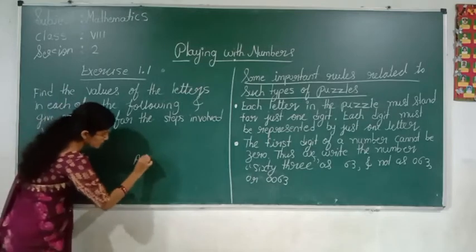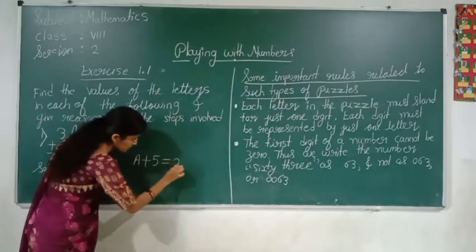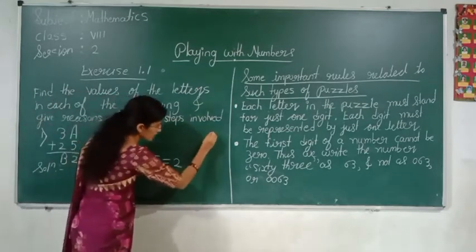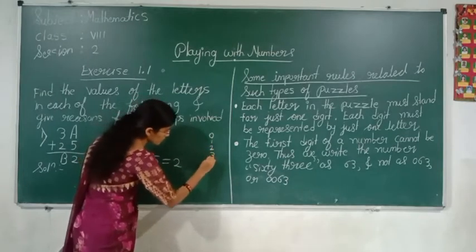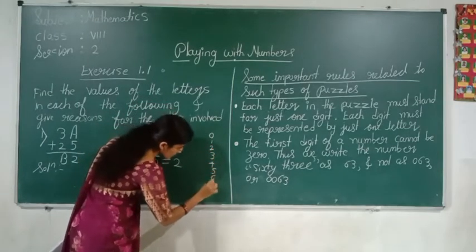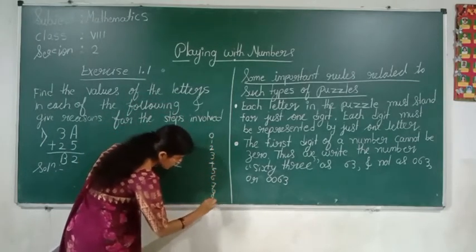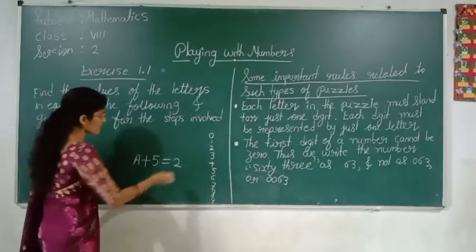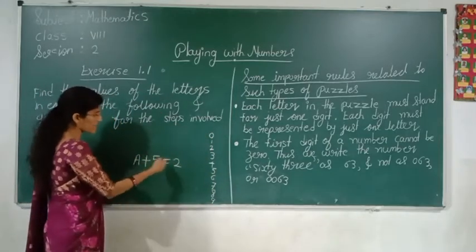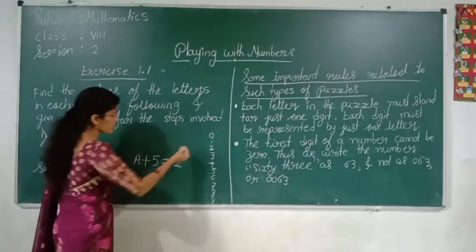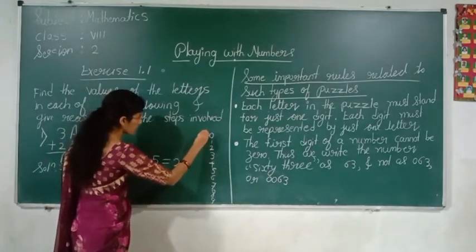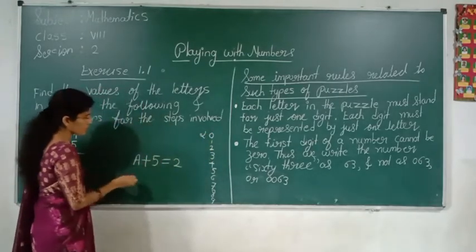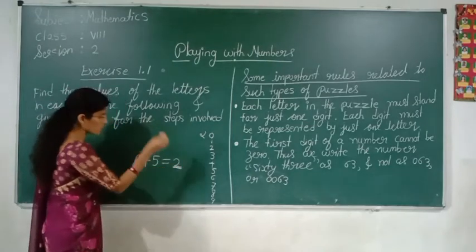When A plus 5 will be 2. Now we are taking the digits 0, 1, 2, 3, 4, 5, 6, 7, 8, 9. Now if I take 0 plus 5 is 5. It won't work, because I want 2 here.